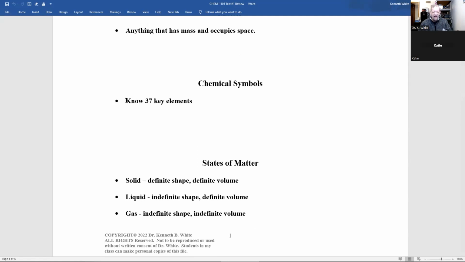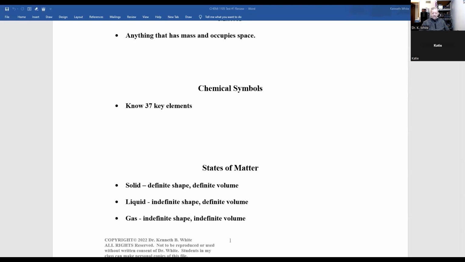You should know the key elements, only 37. You should know if I give you the name, what's its symbol? If I give you the symbol, what's its name? And, oh, I don't have it open. Let me open it.